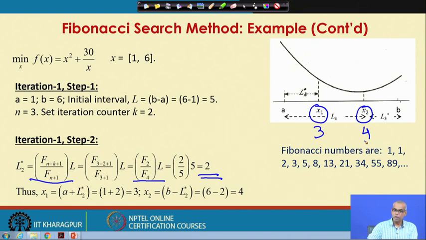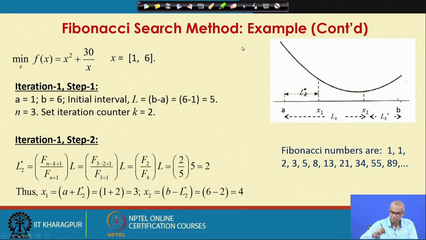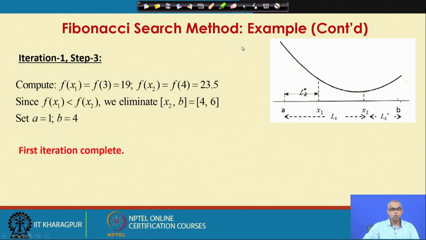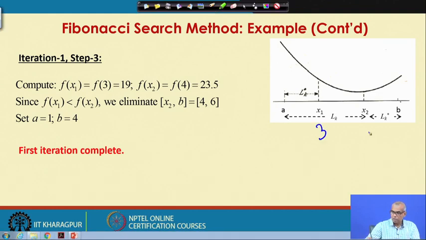So, the next step will be to evaluate the function at x 1 and x 2 and eliminate a part of the region. So, now let us go to step 3 of iteration 1. You remember this was 3 and this was 4. So, evaluate the function at x 1 and x 2 and it becomes 19 at x 1 and 23.5 at x 2. So, f of x 1 is less than f of x 2.